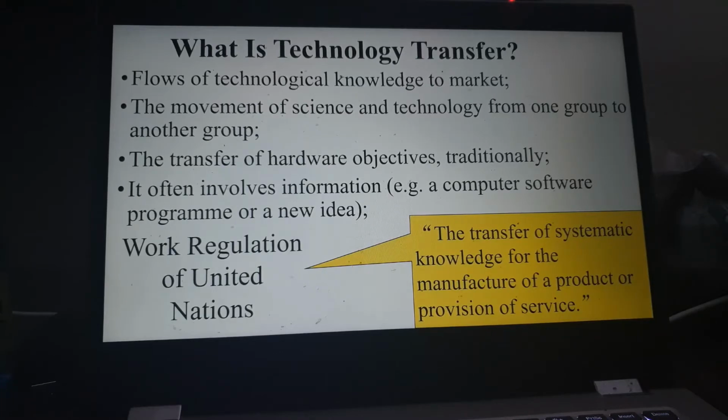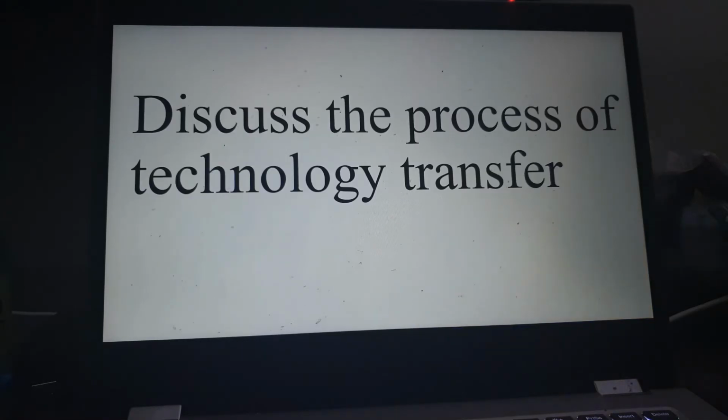You have seen software technology, like even computer software, programs, manuals, or a new idea. And the United Nations says it is the transfer of systematic knowledge for the manufacture of a product or a provision of service. So that is yet another definition of technology transfer.